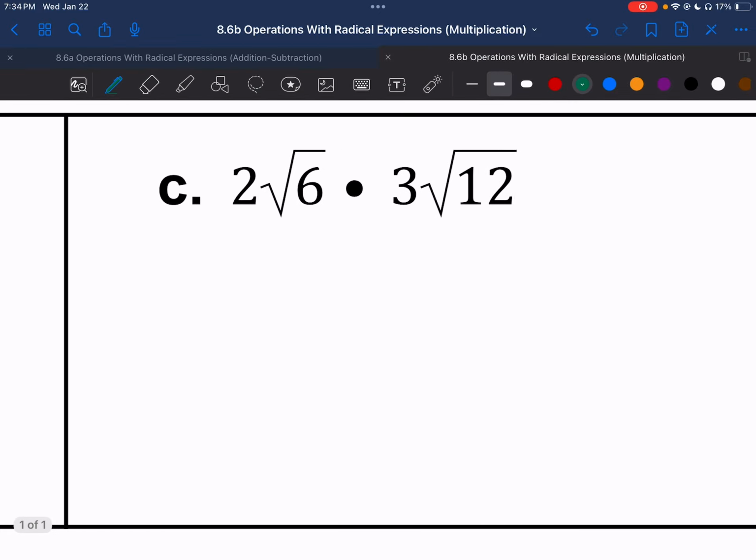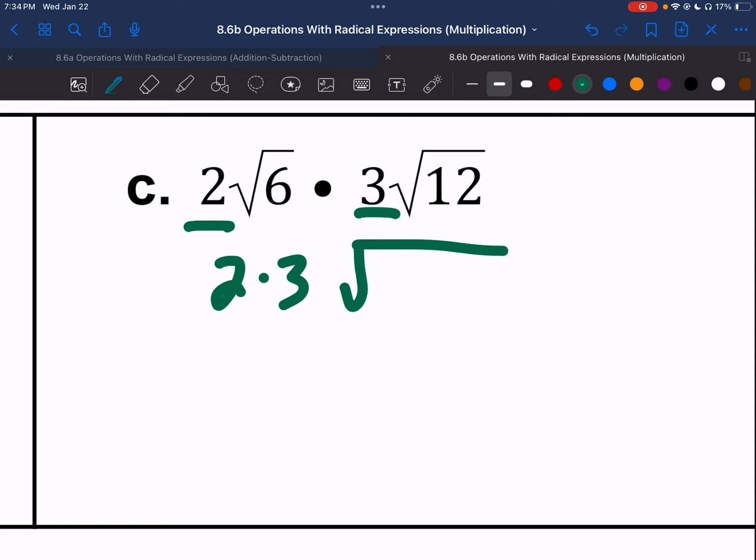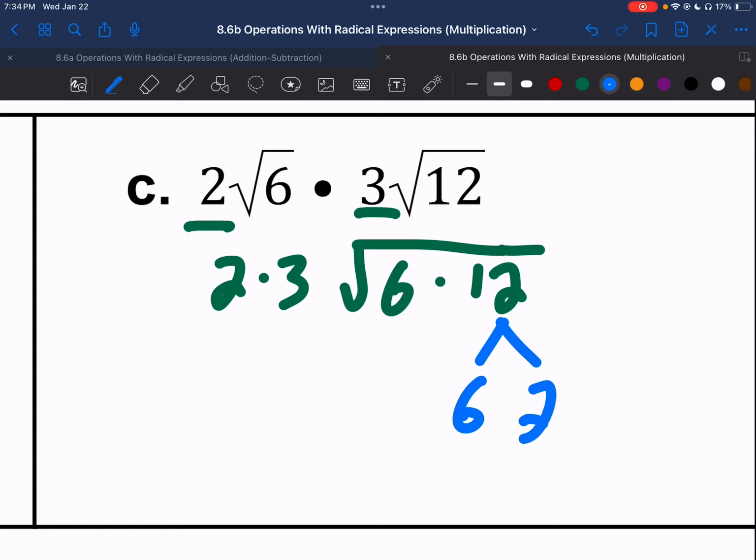Now, letter C is the first time we're going to have to deal with coefficients. So we have a 2 and we have a 3. We group them together at the front, 2 times 3. And then we're going to combine our radical, and we've got a 6 times a 12. Well, 12 we can break out into two parts. We have a 6 and a 2. And hey, look, we've got a pair of factors that we can bring out of our radical.